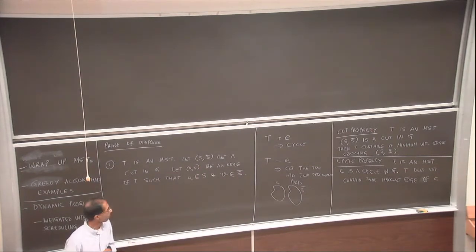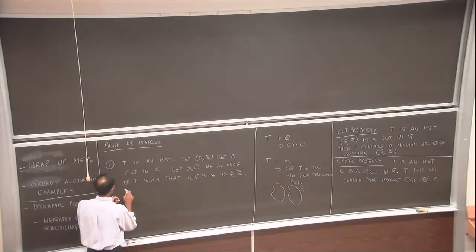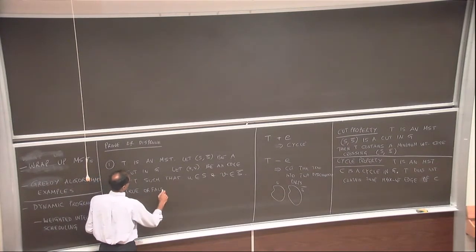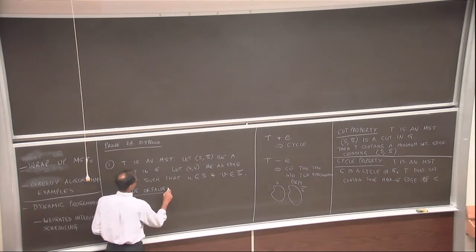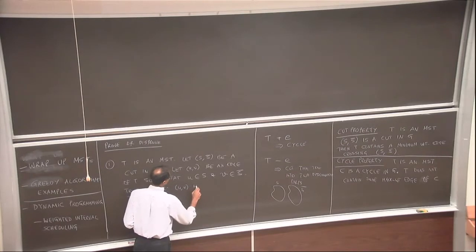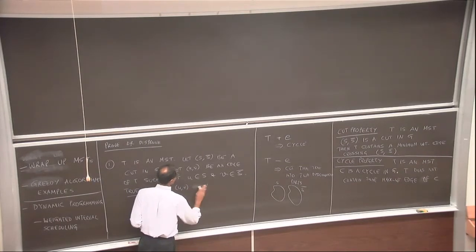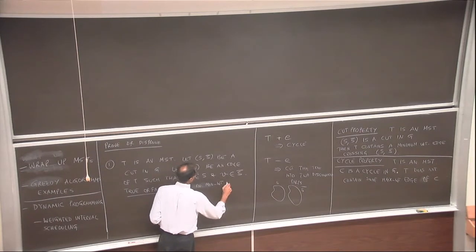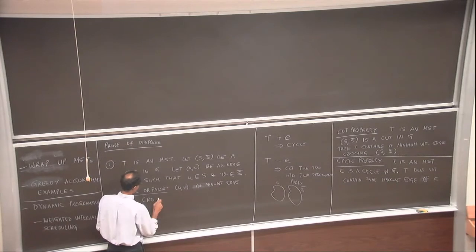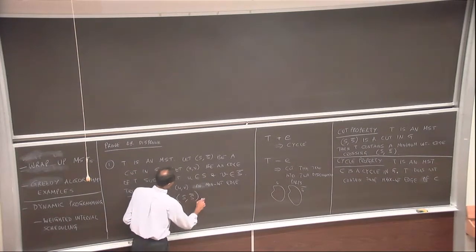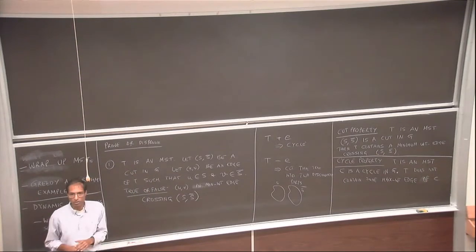True or false: UV is a minimum weight edge crossing the cut. Is the question clear?